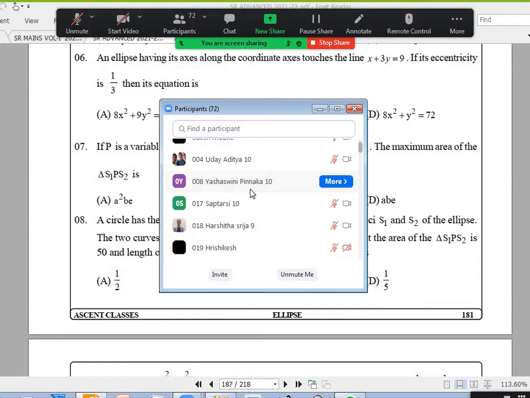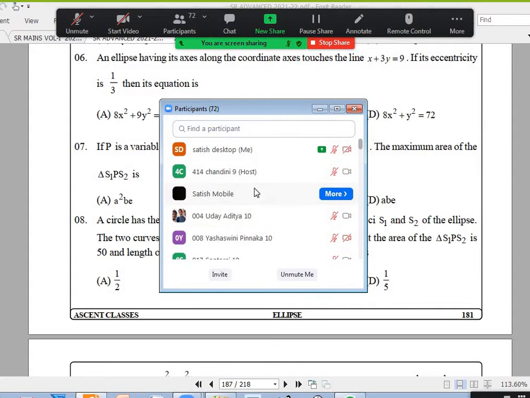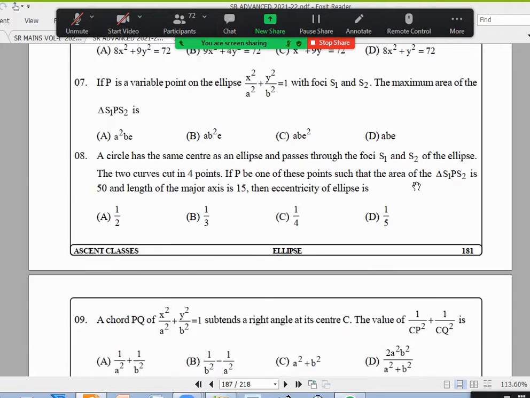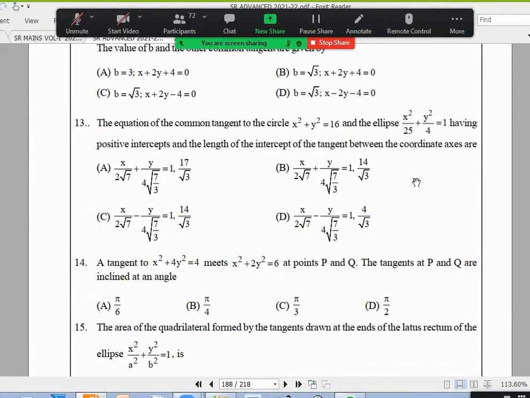All right. Ellipse advanced material. Any other doubt? Anybody want to ask any doubts from hyperbola advanced material? Sir, yes.